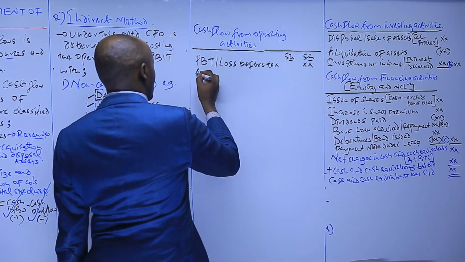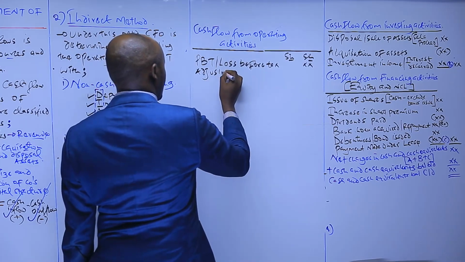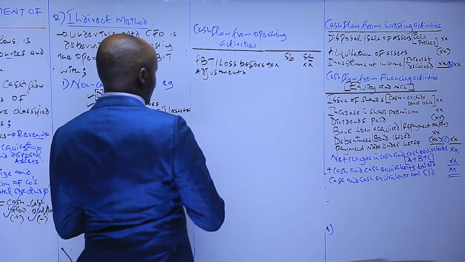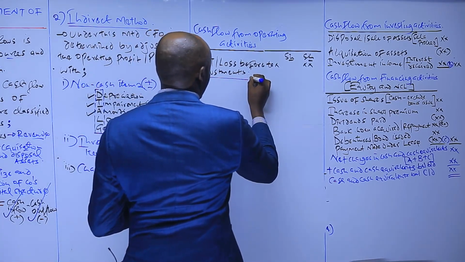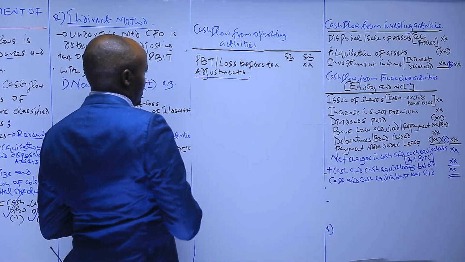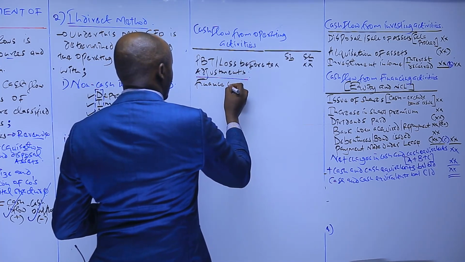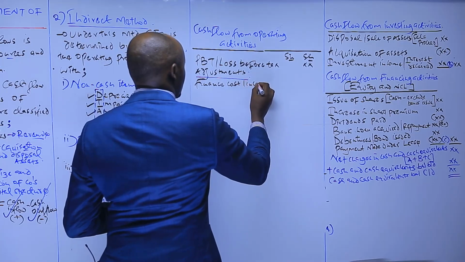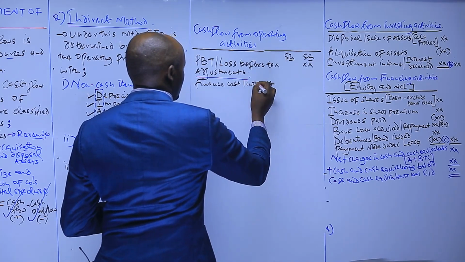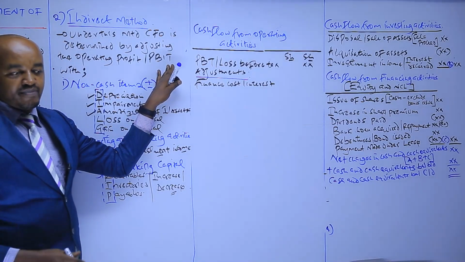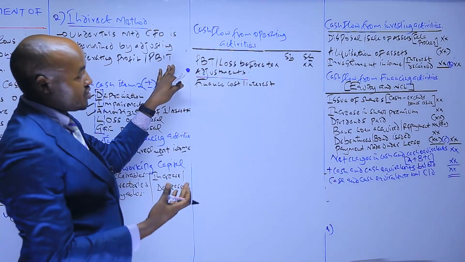And then you adjust this profit with a number of items. You make a number of adjustments to this particular profit. And the first adjustment is always the finance cost, or the interest. Remember what you have said here, we should always start with the profit before interest and tax. But I've said in most of the questions, you don't have been given that.